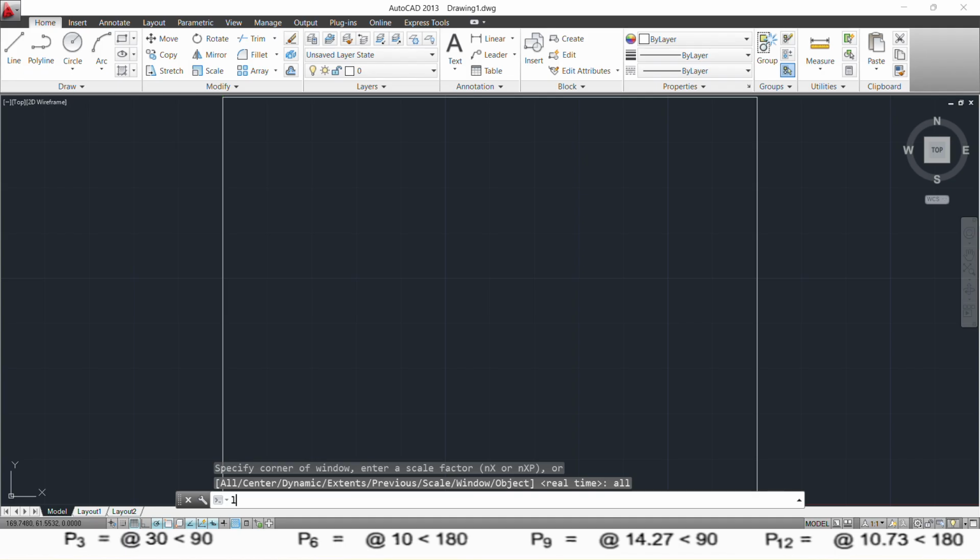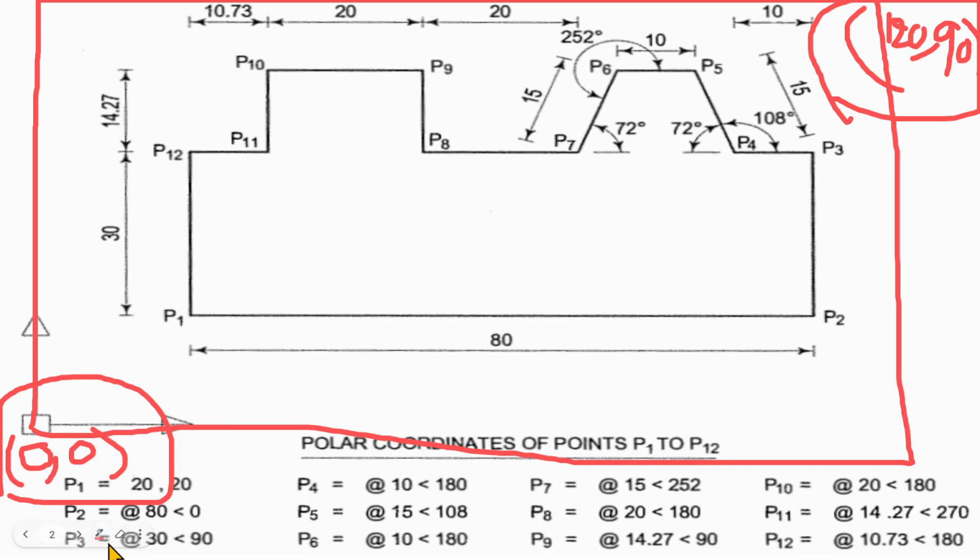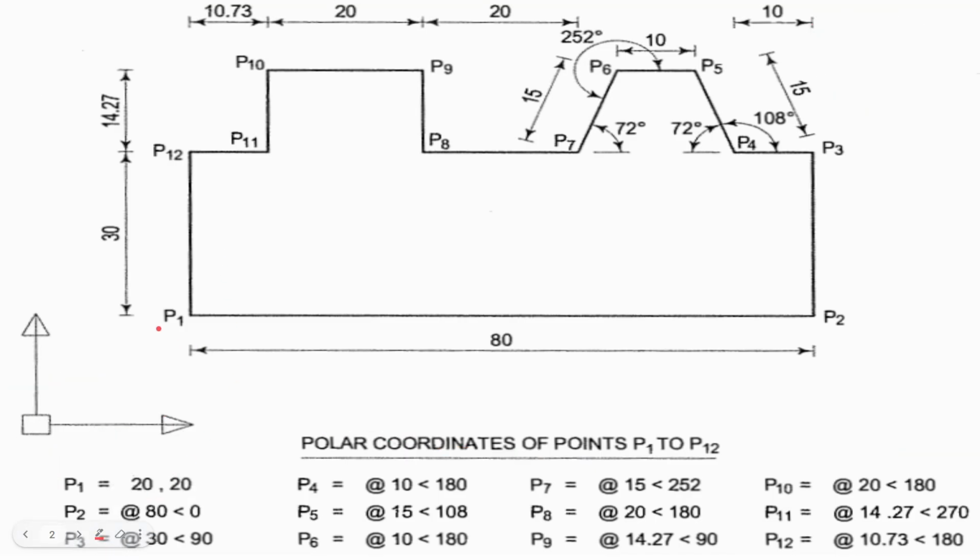The next step will be using the command line. If you saw the previous video, we used the line command to construct or draw our diagram. It is asking for the first point. If I see this diagram, the first point is P1. So P1 coordinates are 20, comma 20.